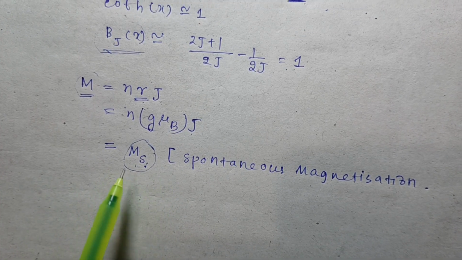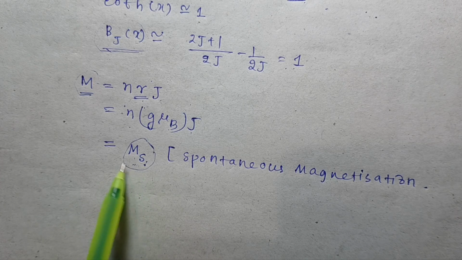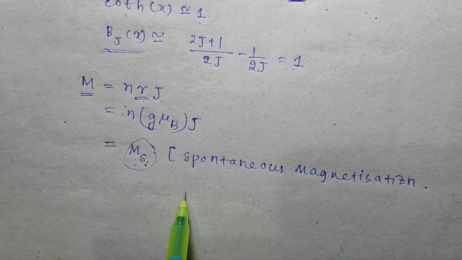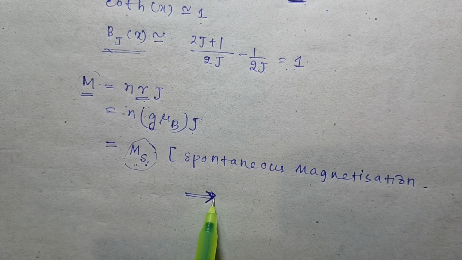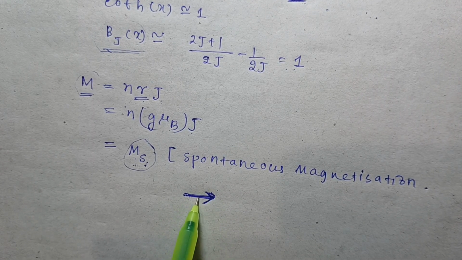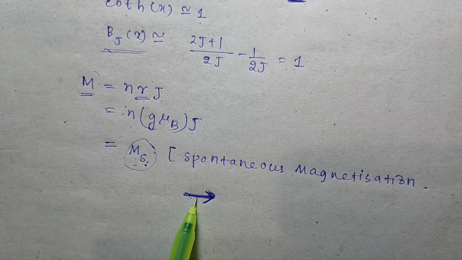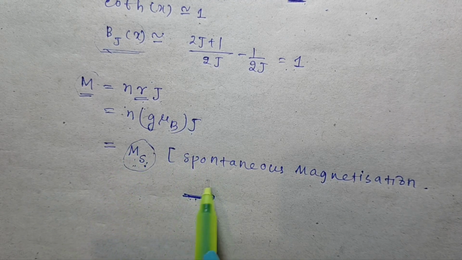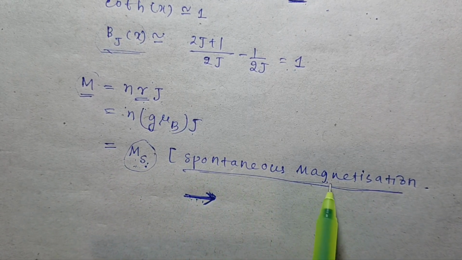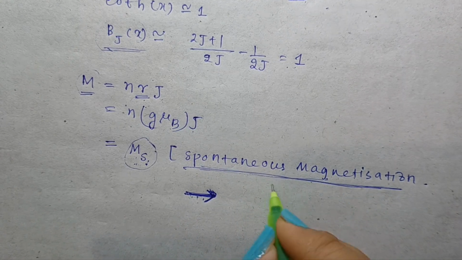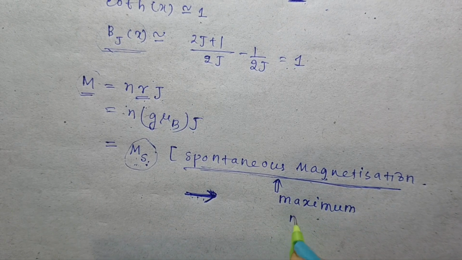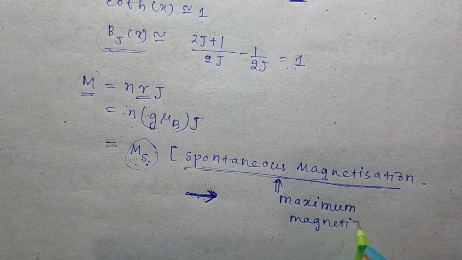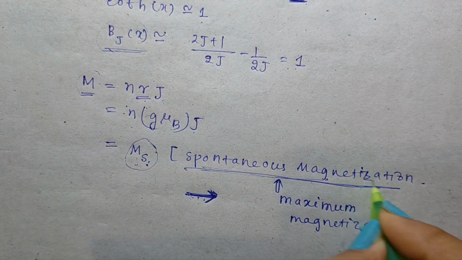It happens when all the magnetic moments point along the applied field direction. If I am applying my field in this direction, all the magnetic moments, or you can say spins, are along the applied field direction. So the maximum magnetization is called spontaneous magnetization.